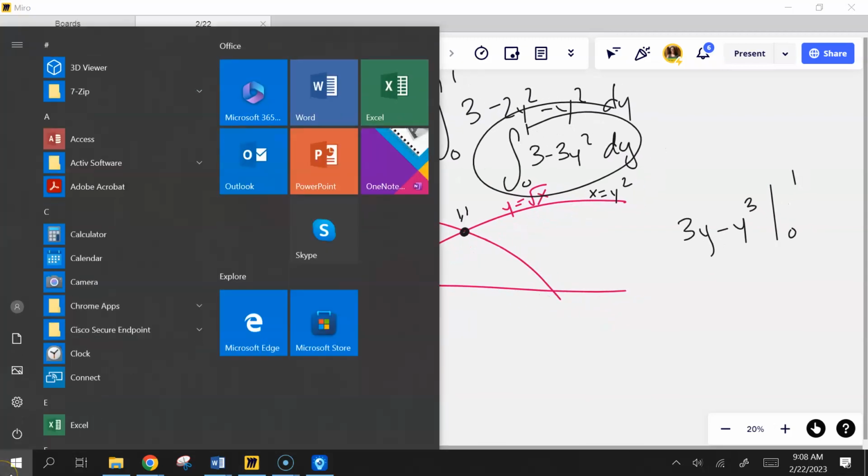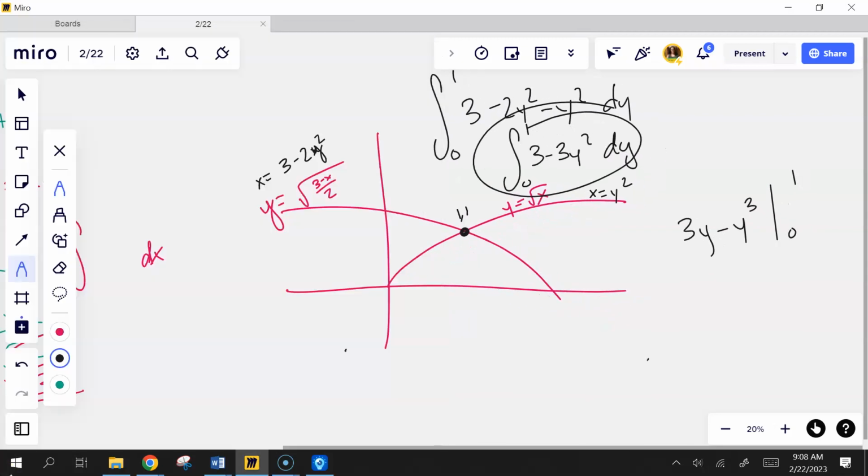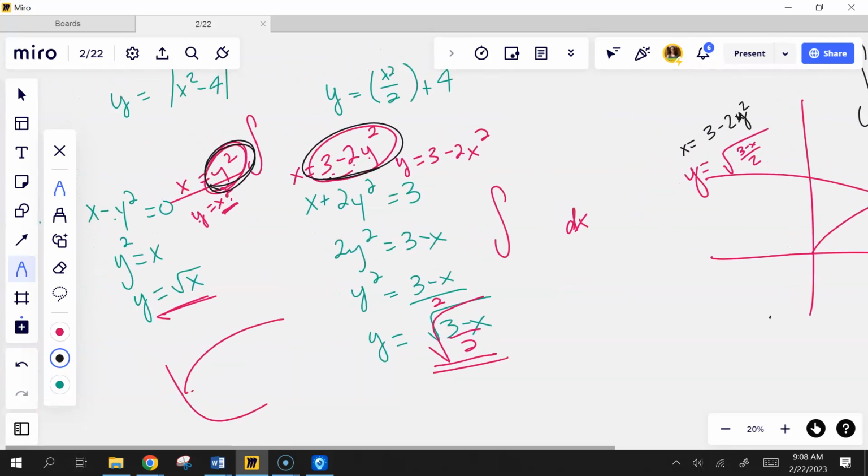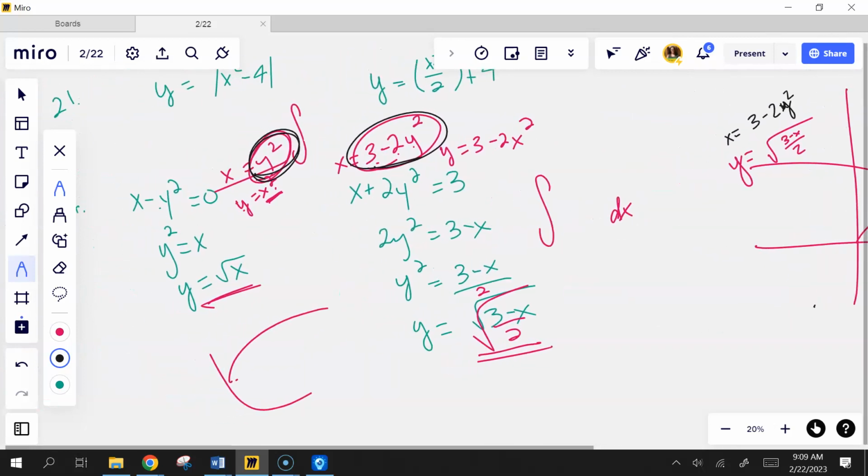Why is it giving us 2 with respect to y? That's what you got last night when you did it too? I know why. It's exactly what I said in the very beginning, and then I still didn't go back and do it.